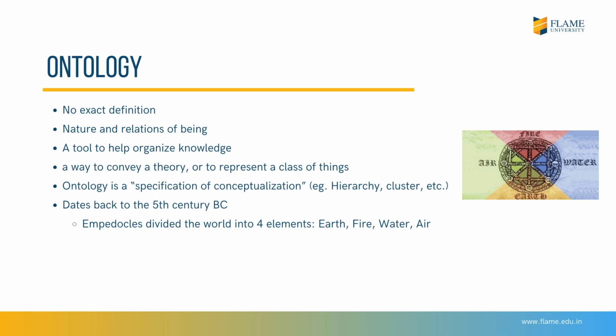And also as a lens, as a tool to organize knowledge. This is a parameter that is omnipresent in the idea of ontology, irrespective of its disciplinary orientation: that ontology refers to the skill set, the tool that helps us organize knowledge. It is also a way to convey a theory or to represent a class of things.